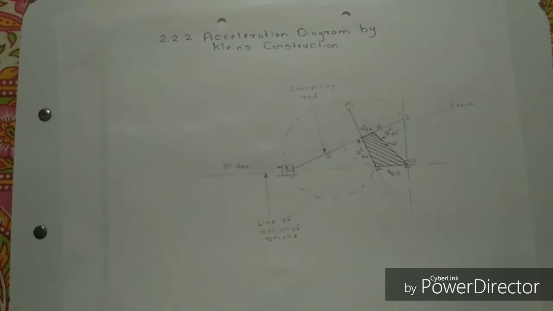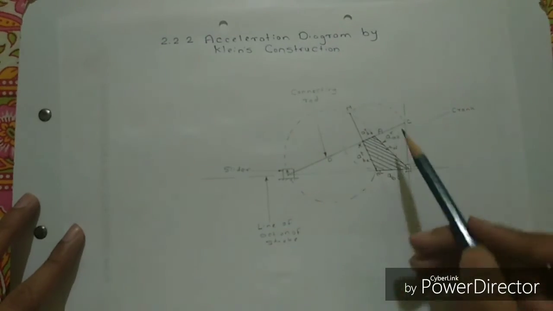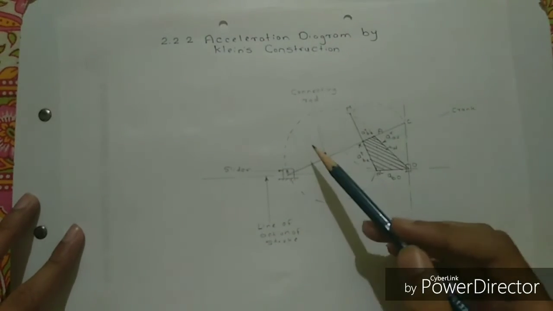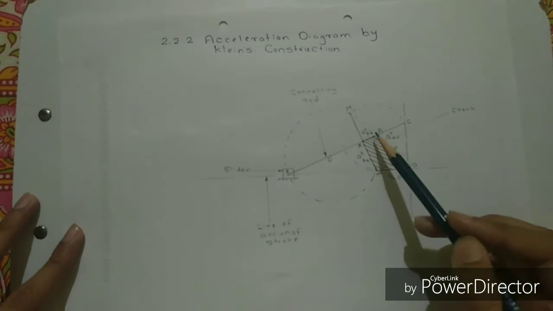Finally, we understood how to draw the acceleration diagram by Klein's construction. Very simple. First we draw the configuration diagram, then draw the velocity diagram ACO.